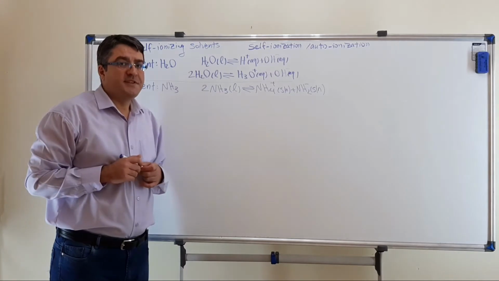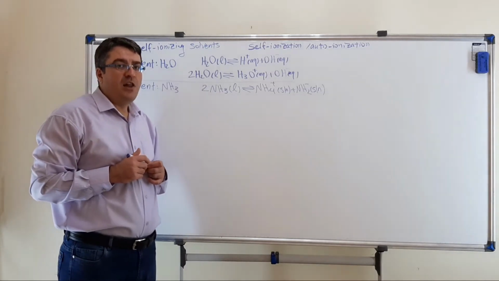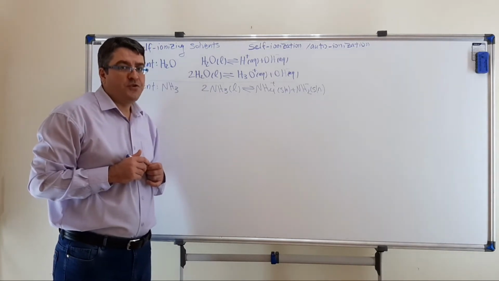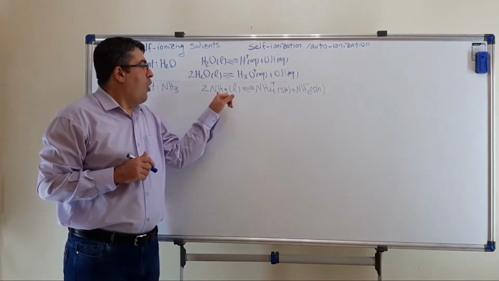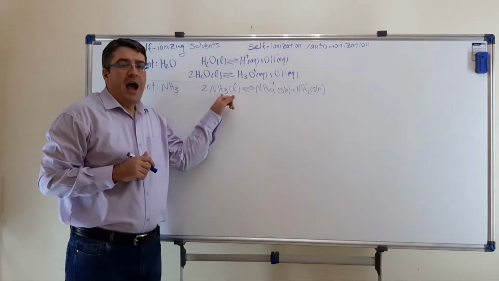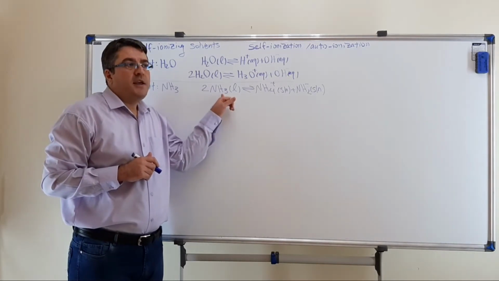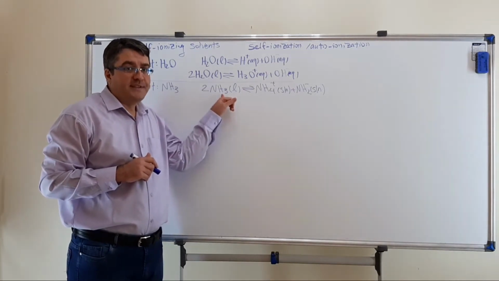Here it is good to consider that different solvents exist in different situations. For example, the normal boiling point of ammonia is -33.3 degrees Celsius.